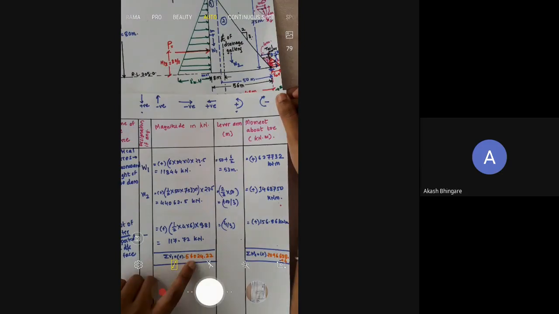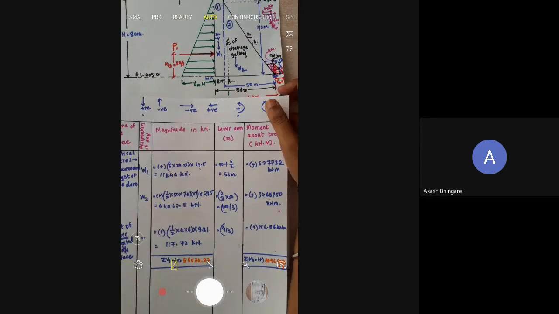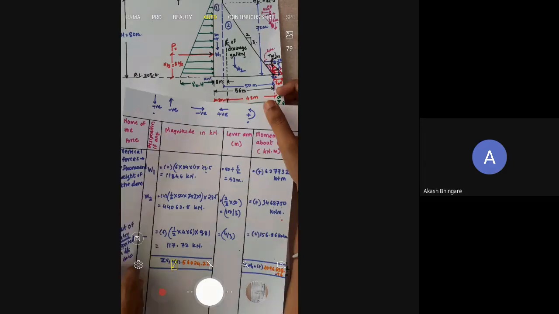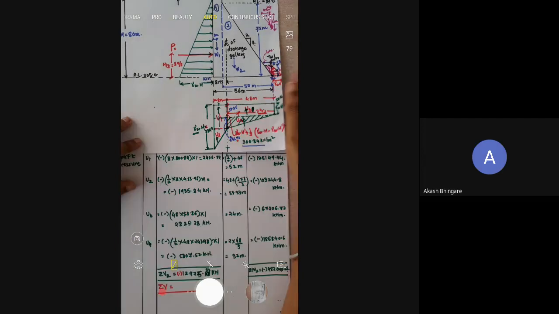Now summation V1 plus summation V2 you have to do, but give due consideration to the sign, as this is the algebraic sum, not the arithmetic sum. V1 is 560.24 and V2 is 12975 something.